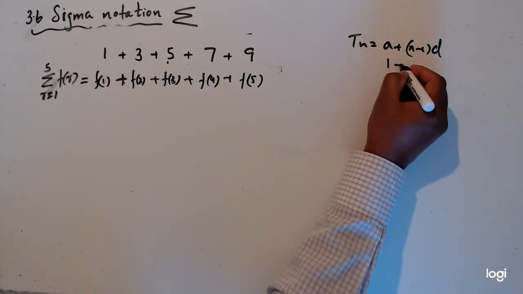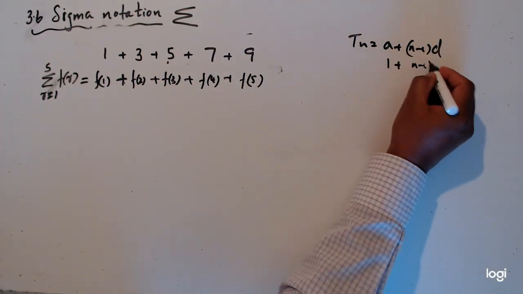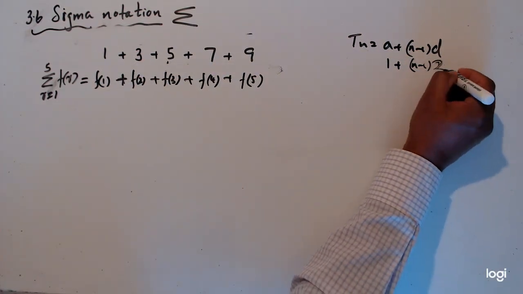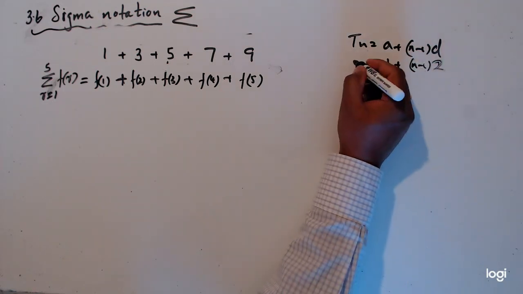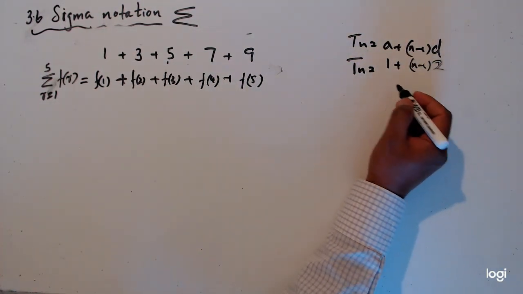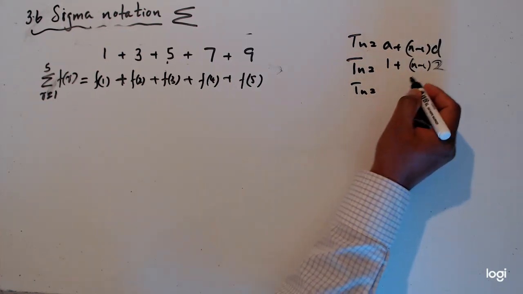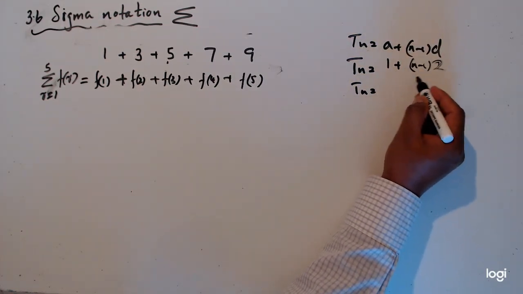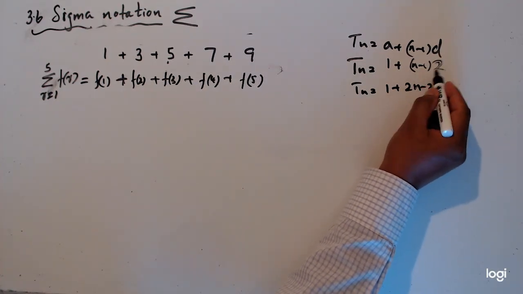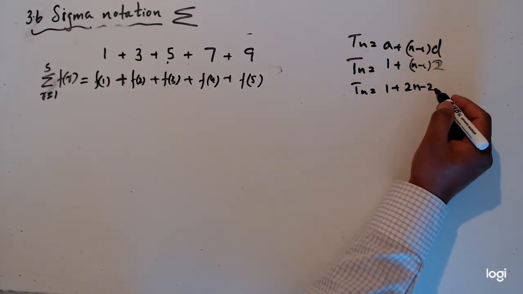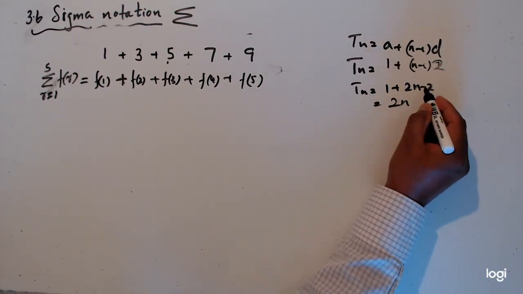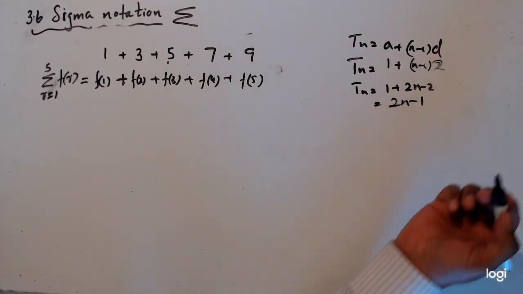A equal 1 and d equal 2. So that is Tn. So Tn equal, if I simplify, 1 plus 2n minus 2, that is 2n minus 1.